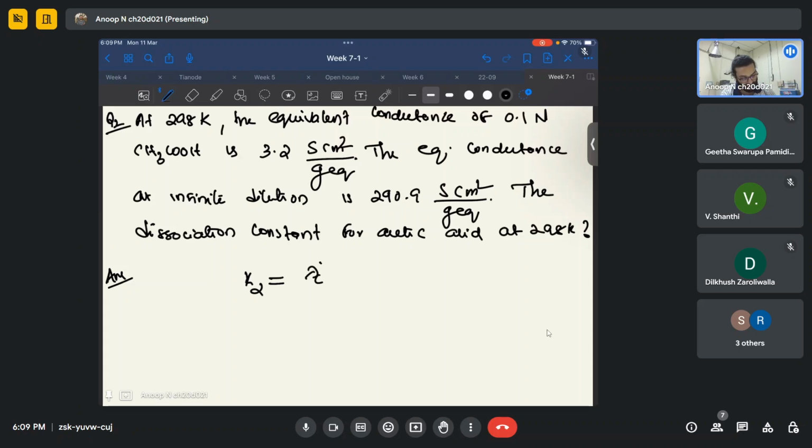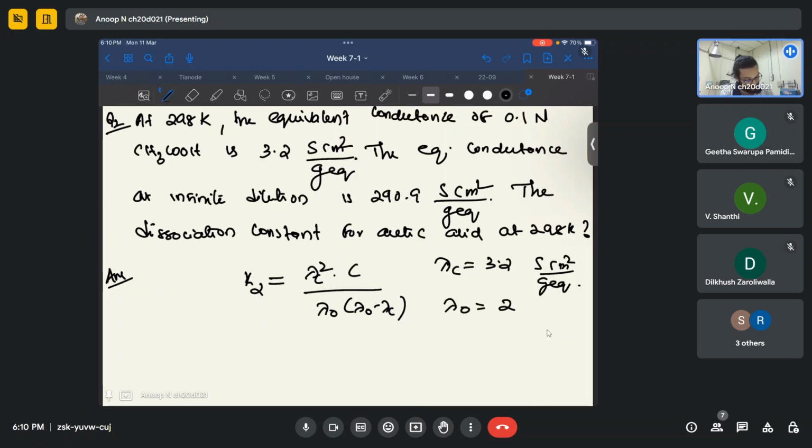It is lambda c square into concentration divided by lambda 0 into lambda 0 minus lambda c. So what values are given? Lambda c is equal to 3.2 Siemens centimeter square per gram equivalent. Lambda 0 is equal to 290.9 Siemens centimeter square per gram equivalent. Then C is given, 0.1 normal. So we can directly calculate the value of K alpha.